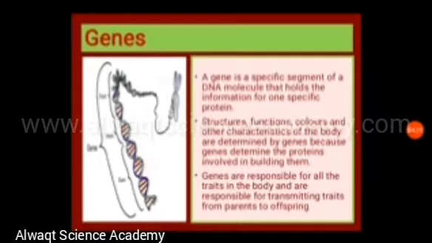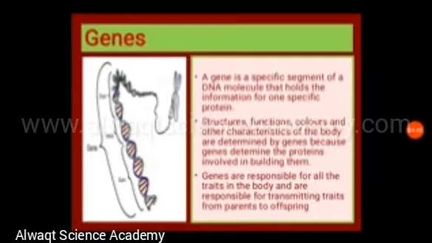So the structures, functions, colors, and other characteristics of the body of an organism are determined by genes, because these genes are the ones that determine the proteins that are involved in building these structures, these colors, these functions, and other things like that. For example, in our body, we have hormones, we have cells.